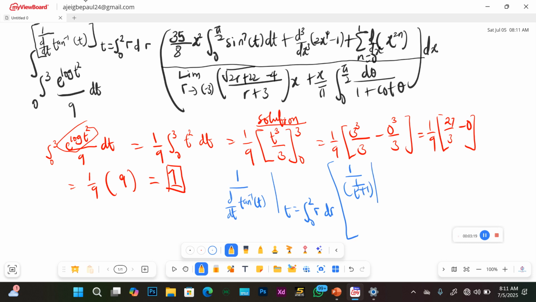Then the limit is an integral, so if we integrate r, we get r squared over 2, from 0 to 2.